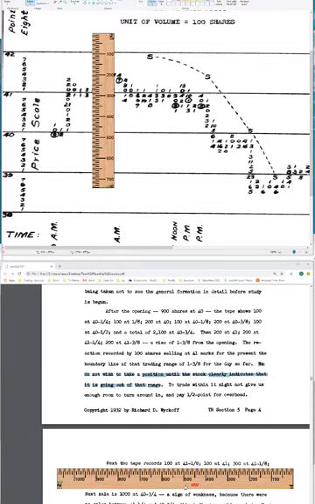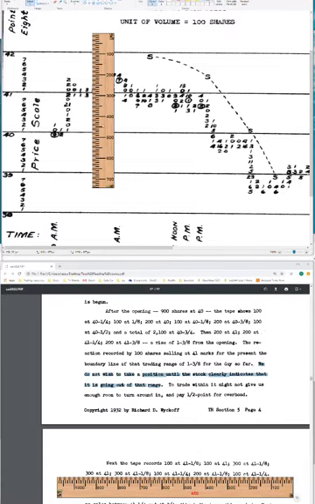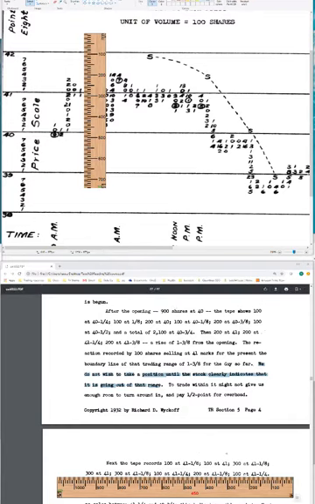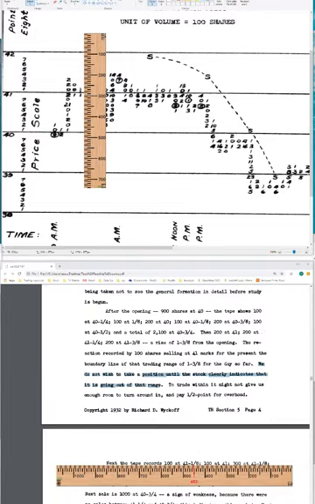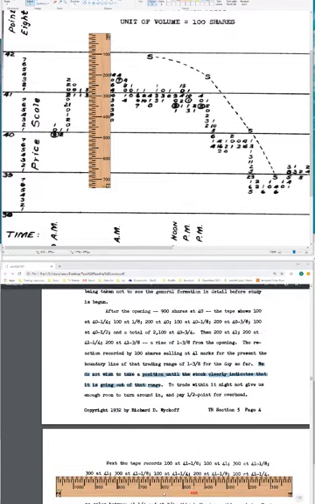Next, the tape records 100 at 41 and 1/8, 100 at 41, and 300 at 41 and 1/8. So 41 and 1/8 right there, 100 at 41 right there, and 300, which is right there at 41 and 1/8.